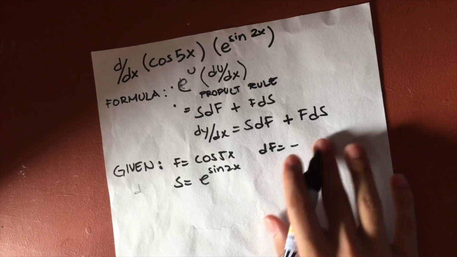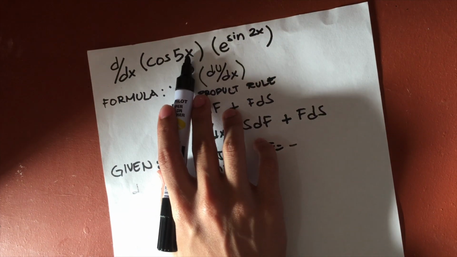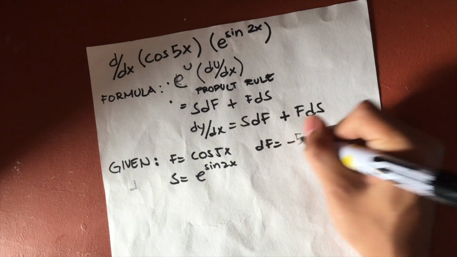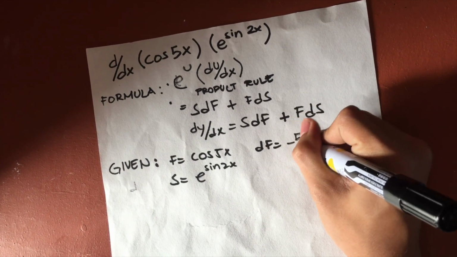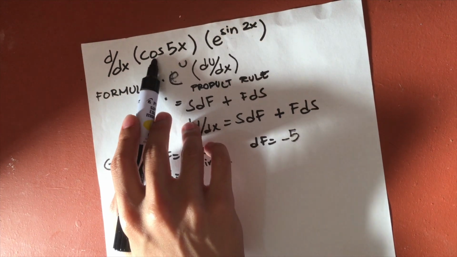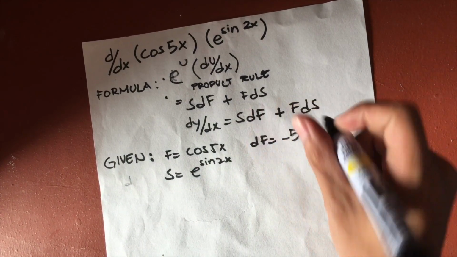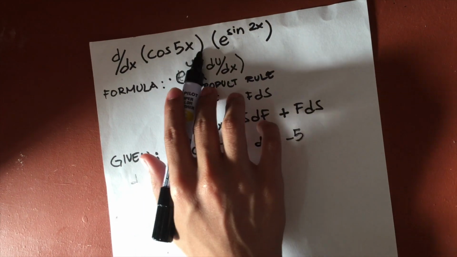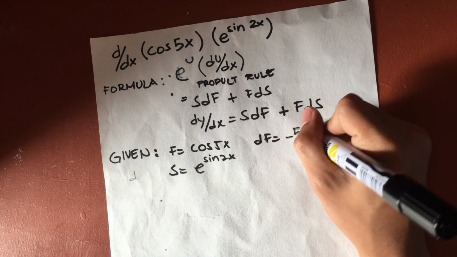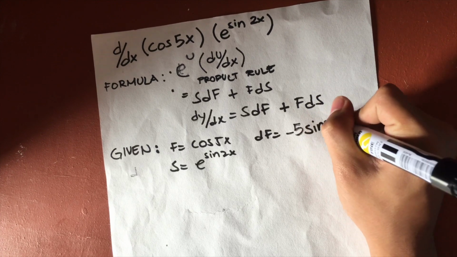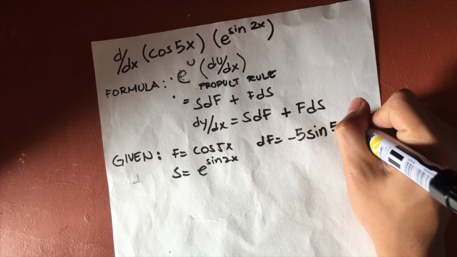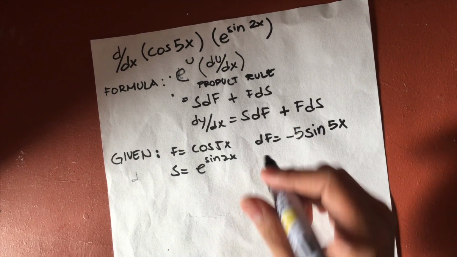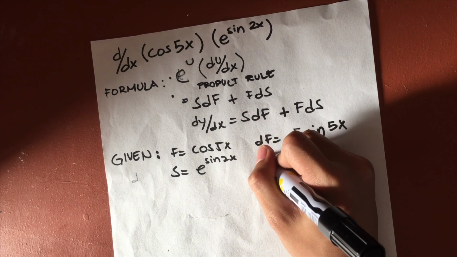Negative sine times the derivative of 5x, which is 5, so negative 5 sine 5x.